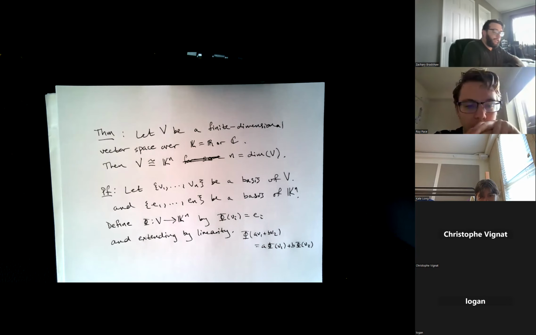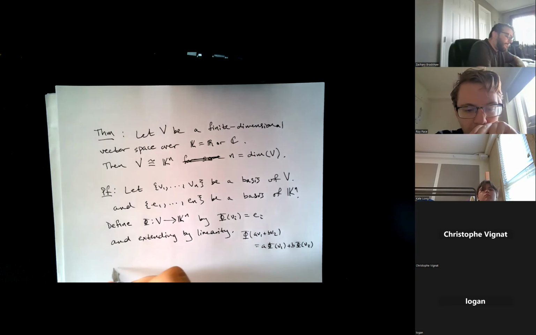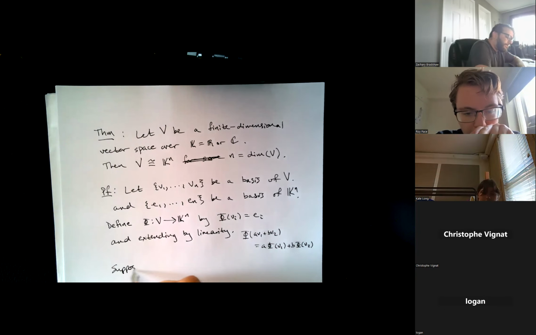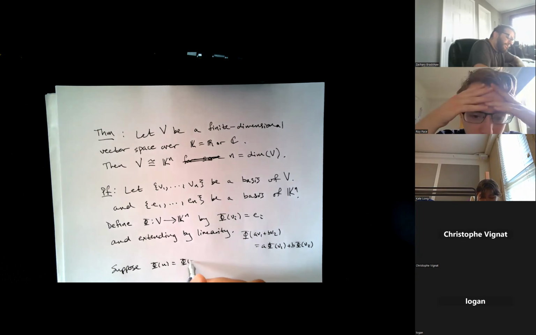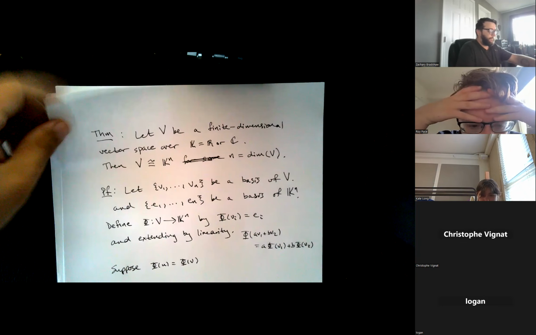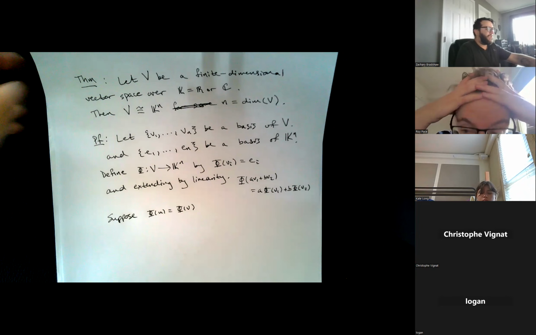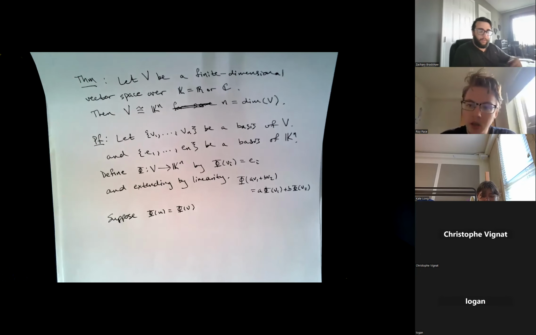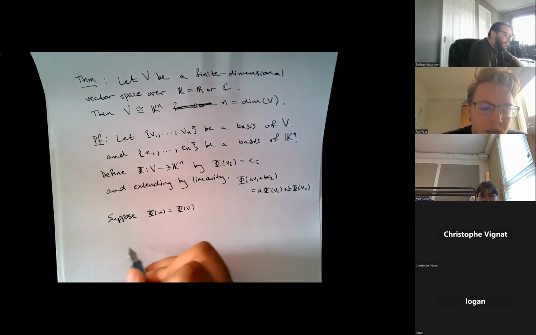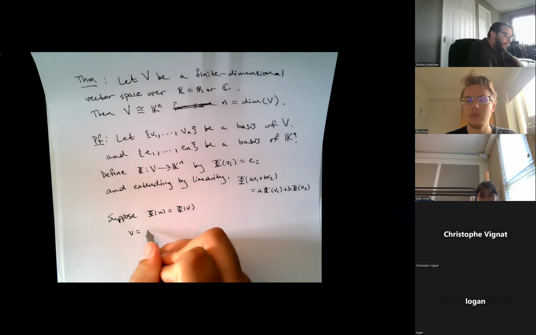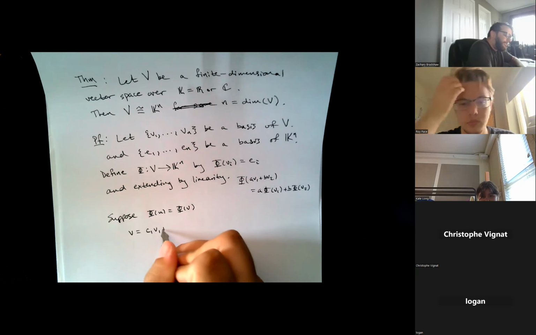So for injectivity, suppose phi of u is phi of v. We have to show that u is equal to v. Well, we can write v as some linear combination of the basis vectors.